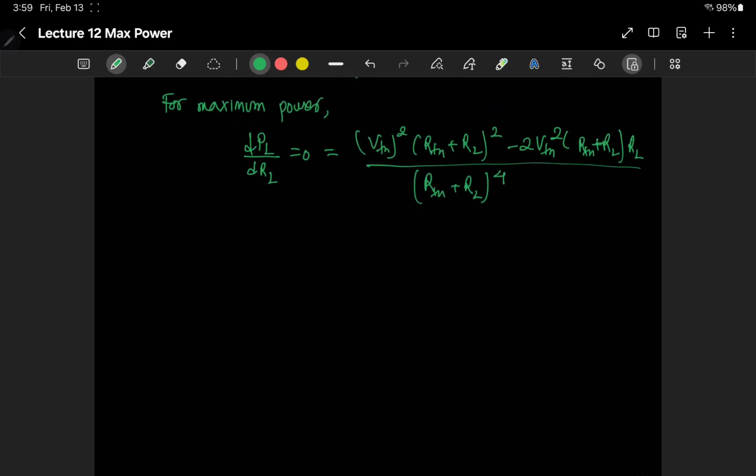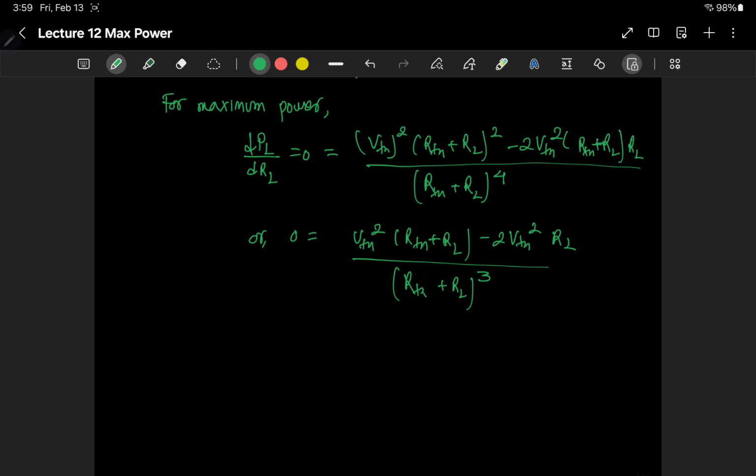And we can simplify it. 0 is equal to VTH squared times (RTH plus RL) minus 2 VTH squared times RL, because we can take this RTH plus RL common factor and cancel out. That will leave us with the power 3 in the denominator.